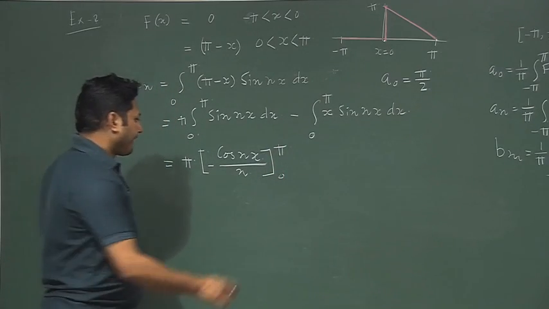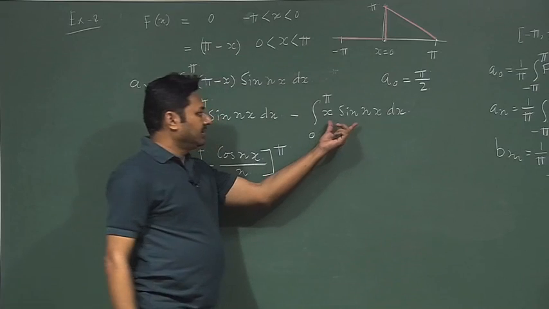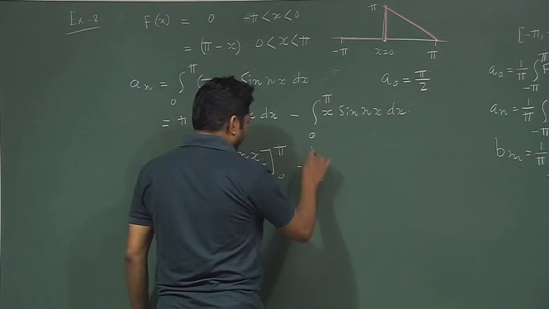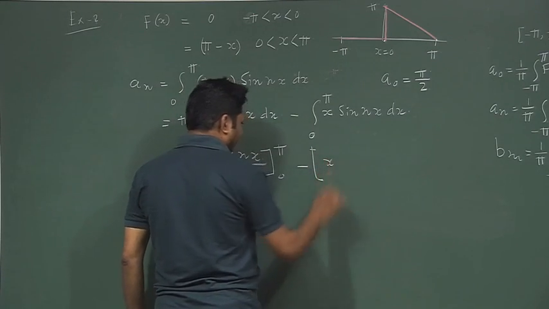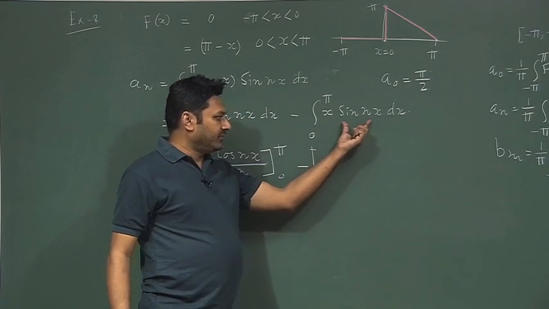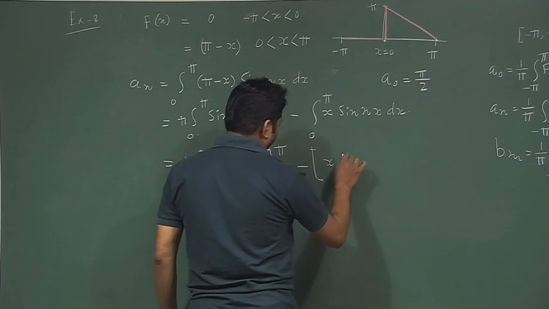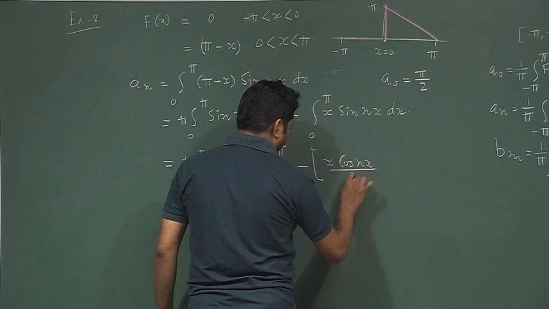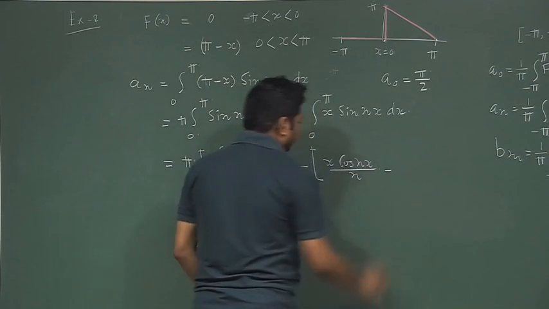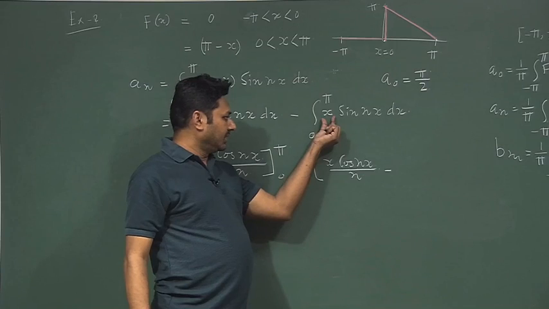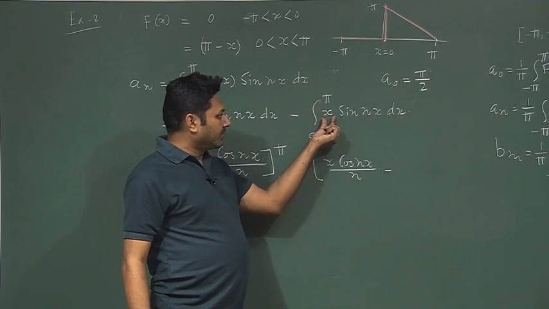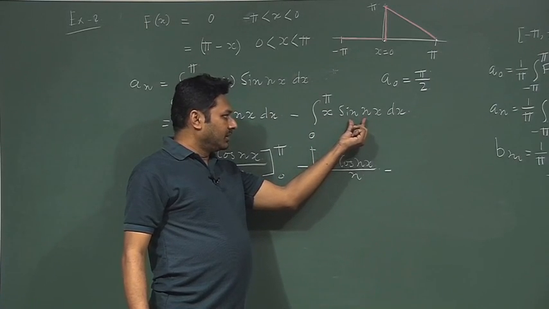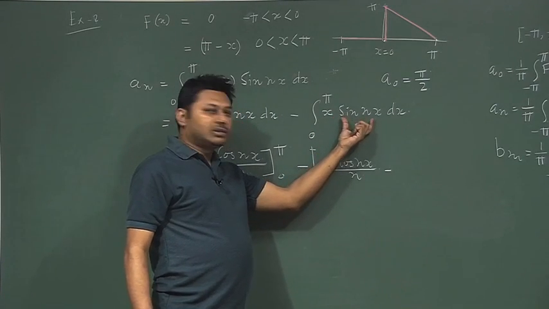On the right hand side, since this is a multiplication of two functions, it is the first function into the integration of the second function, so it will be x sine nx divided by n, minus the integration of the differentiation of the first function times the integration of the second function once again.